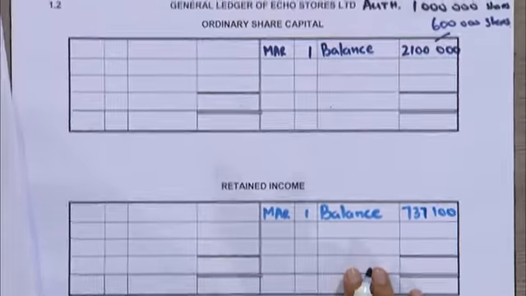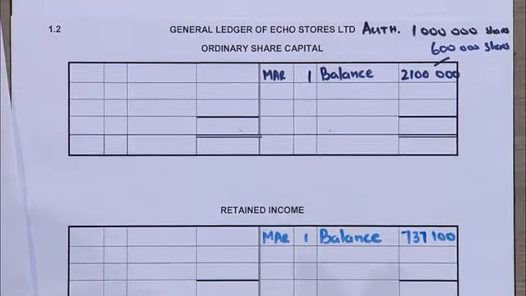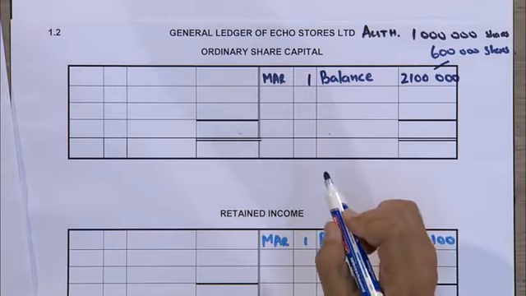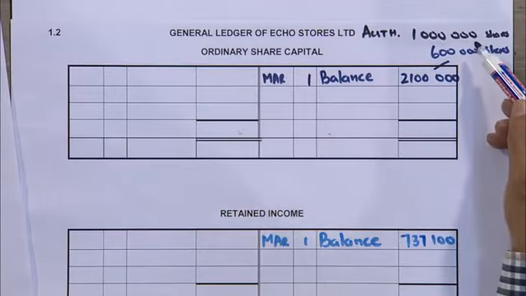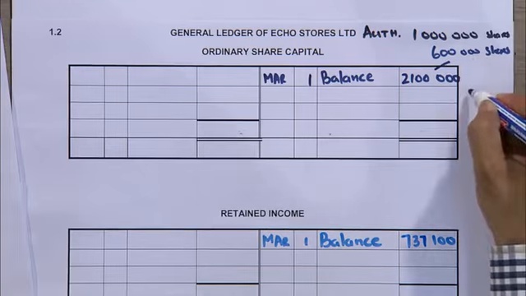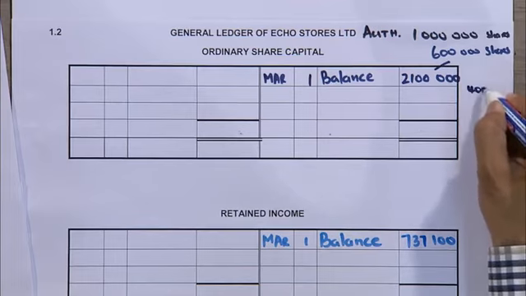So when we do the entry, grade 12, it's going to go in the ordinary share capital account. Remember, authorized was 1 million. We already issued 600,000. So now we're going to issue the extra 400,000 that we have left.